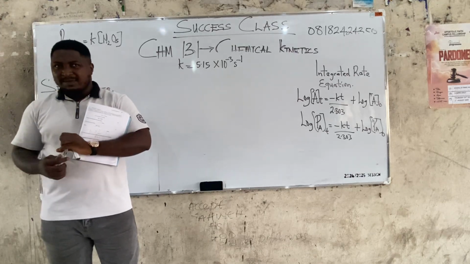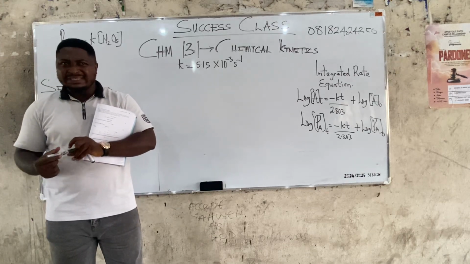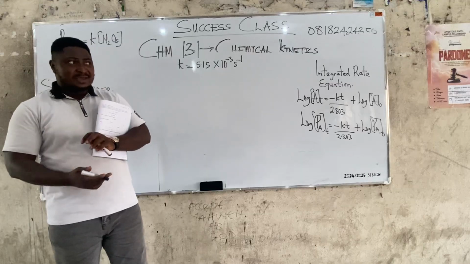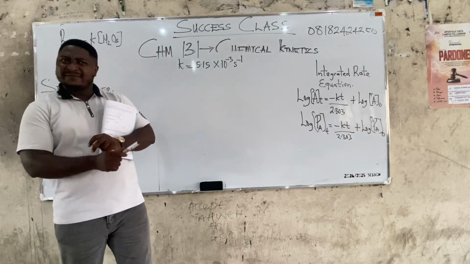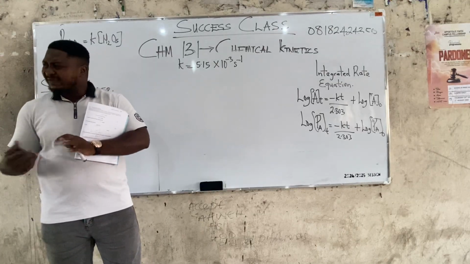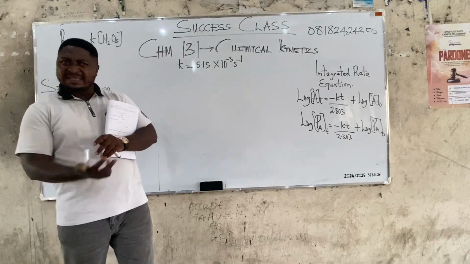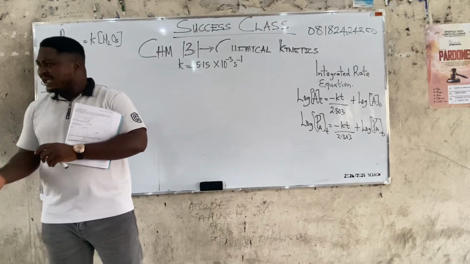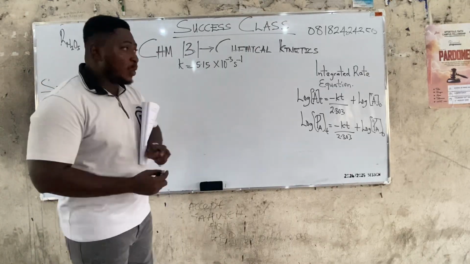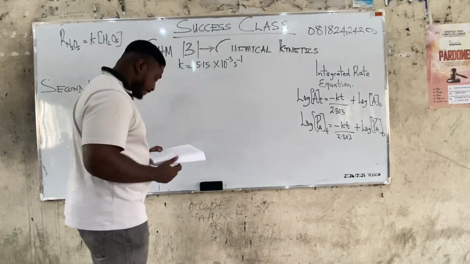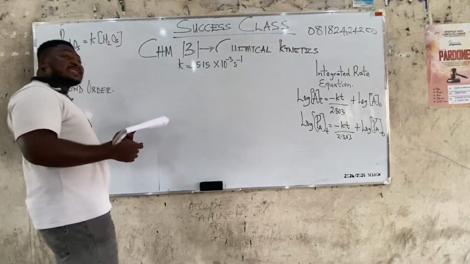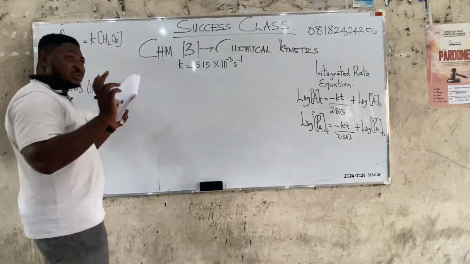Someone might wonder why it changes if we didn't know the reason why. They might think k should have the same unit. How come the unit of k in zero order differs from the unit of k in first order? Now you understand the reason why. Now class, this says it is a first order reaction, so you know what to do.